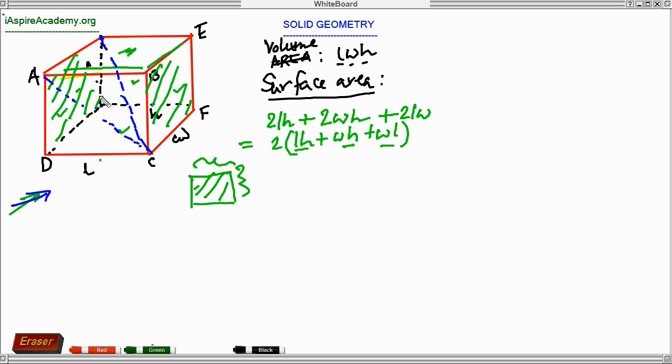Now let's find out the length of this diagonal.